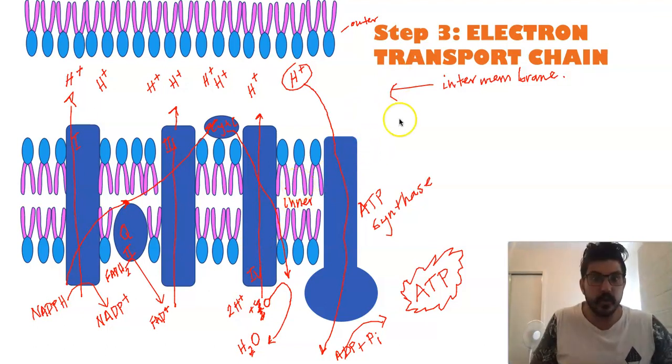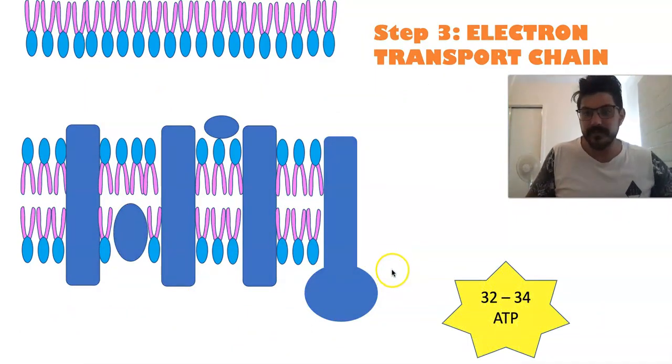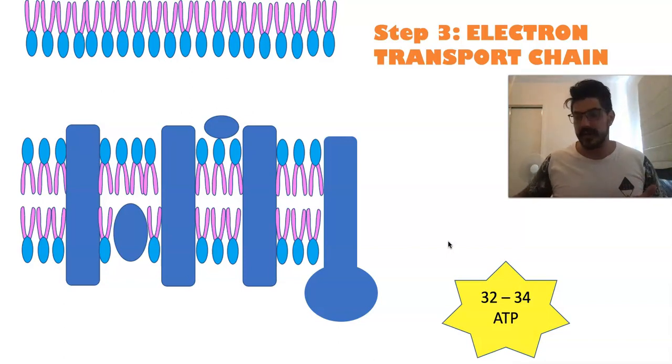As this process shows, we can end up with quite a net amount. So we're going to end up with 32 to 34 molecules of ATP after this process. This is where the bulk of our energy comes from. There's a bit of a discrepancy in how much we're going to get, and a lot of biologists and scientists try to explain this, but the basics behind it is that because of the usage of energy beforehand and the fluctuations with how efficient the Krebs cycle is, we're going to end up with a different number each time.